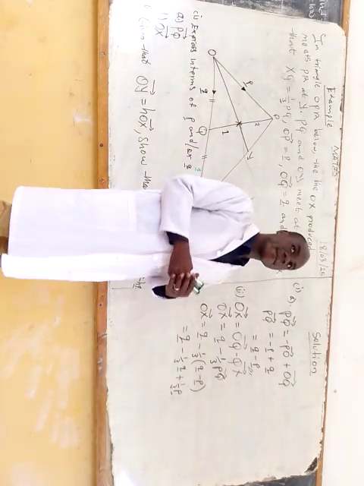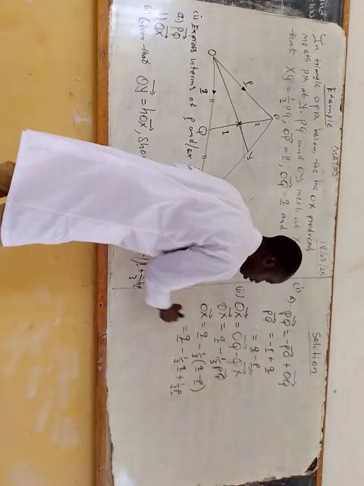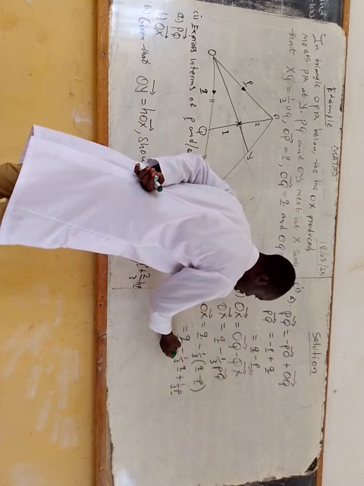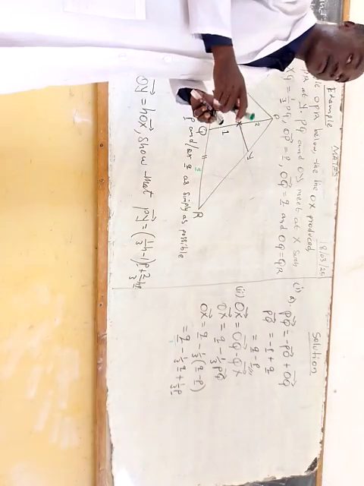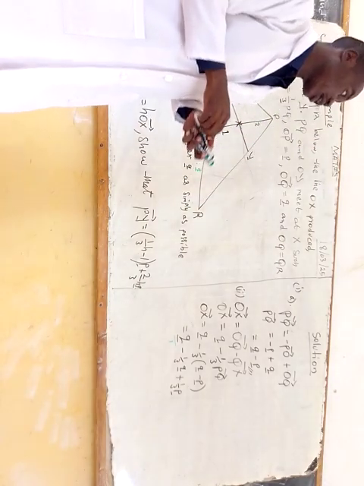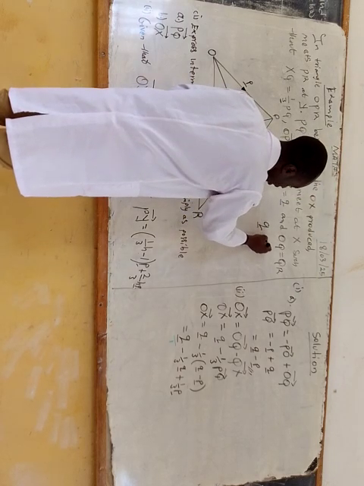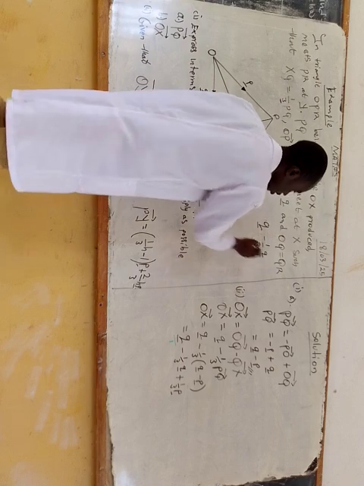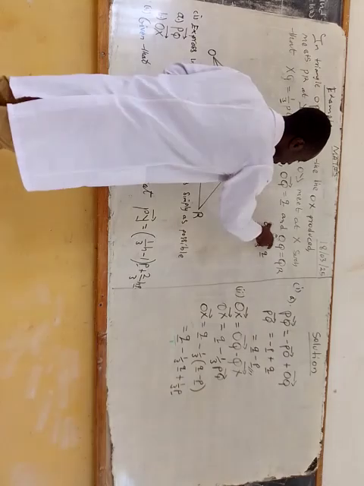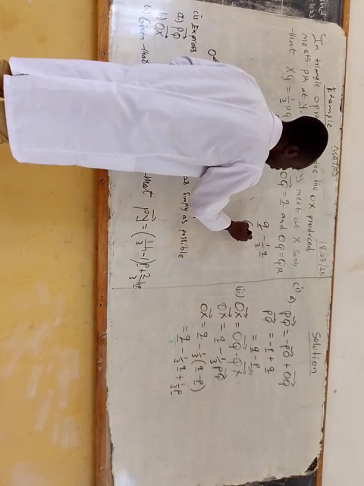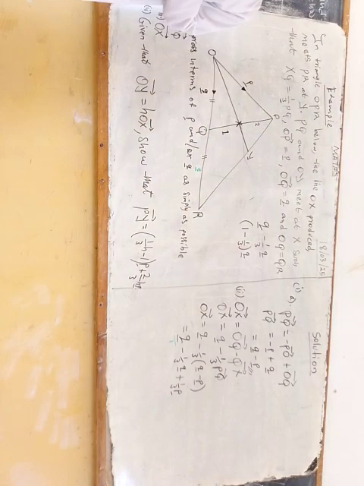Q and Q. Let me explain here. We have Q minus 1/3 Q. If you factorize the vector, you have 1 minus 1/3, then you have vector Q outside, isn't it?